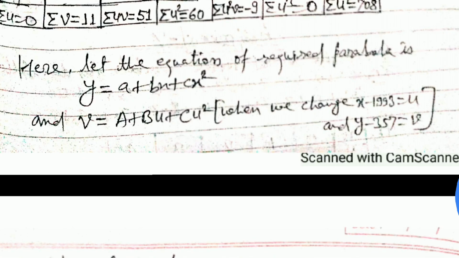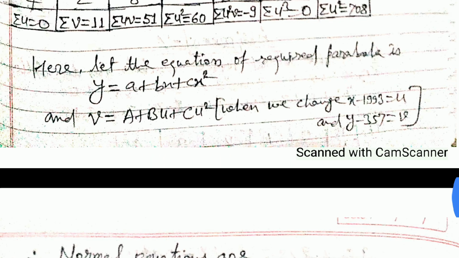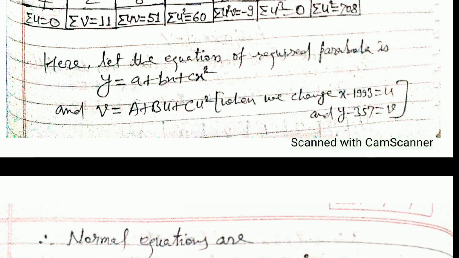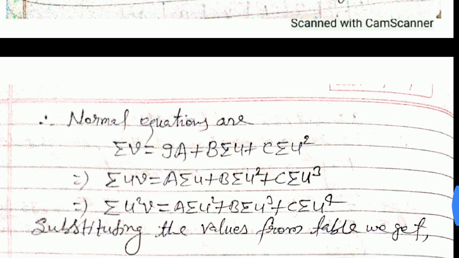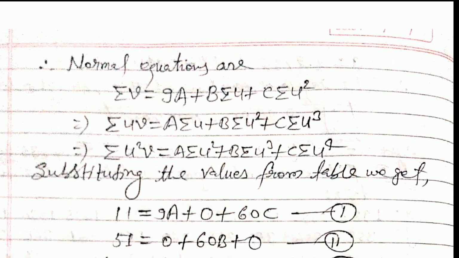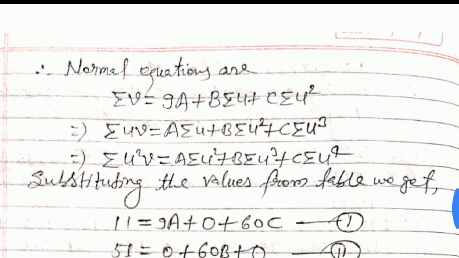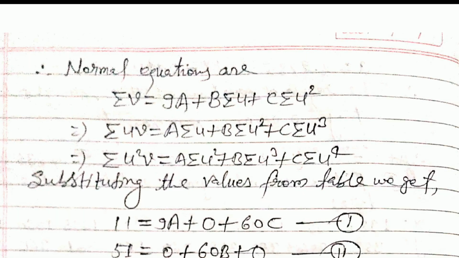If we place x is equal to u plus 1993 and y is equal to v plus 357, we get another equation in terms of u and v of this form: v is equal to capital A plus capital B u plus capital C u square, where capital A, B, C are constants. Here the normal equations are in terms of u and v.